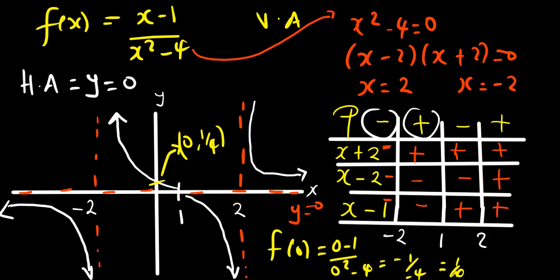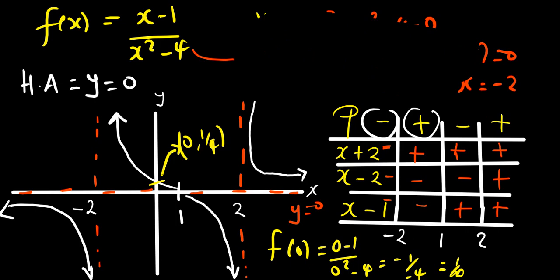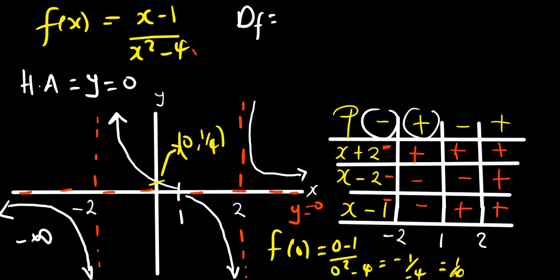I think that's all. Now, how do you show the domain and the range for this one? The domain for this function: you are seeing that we're coming from the negatives and going to the positives.